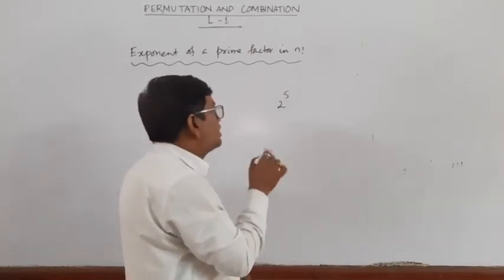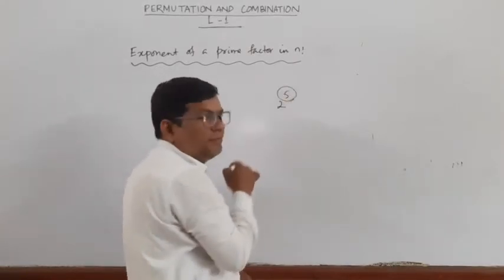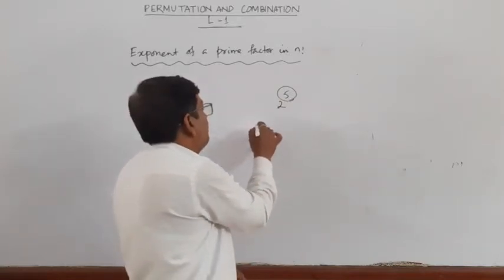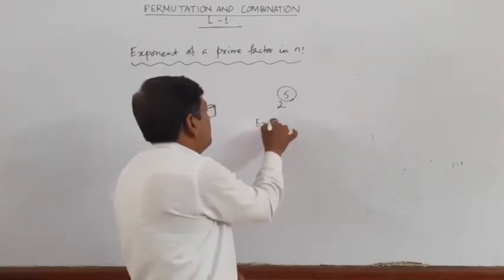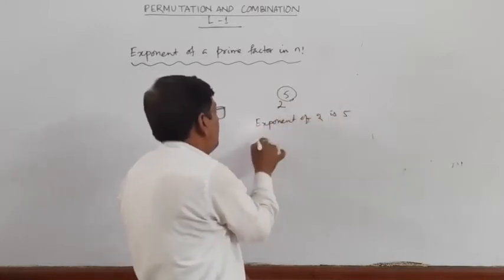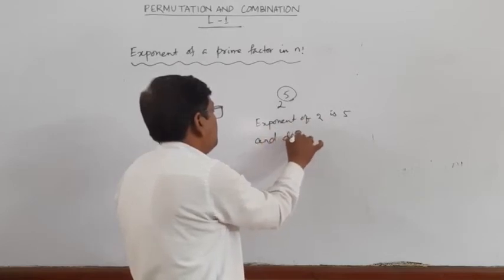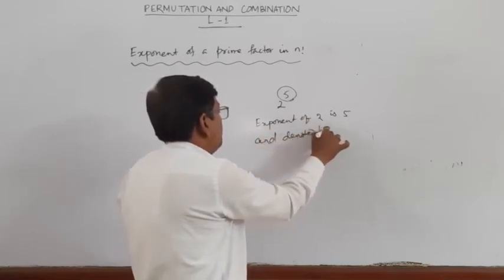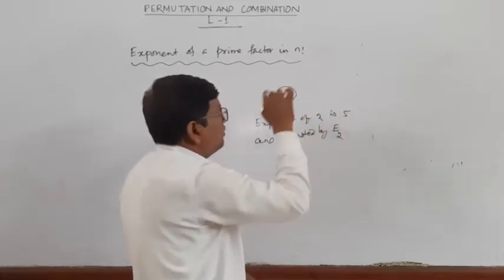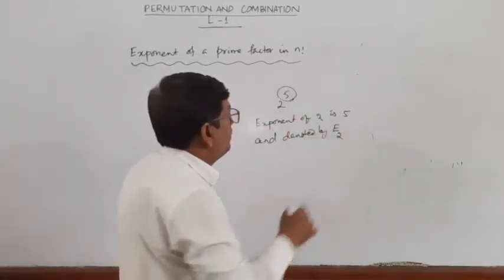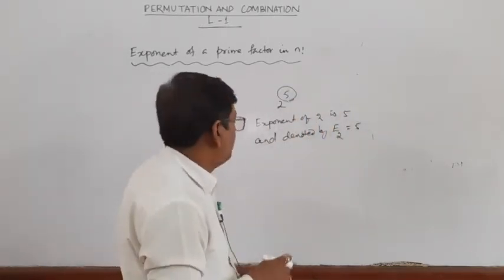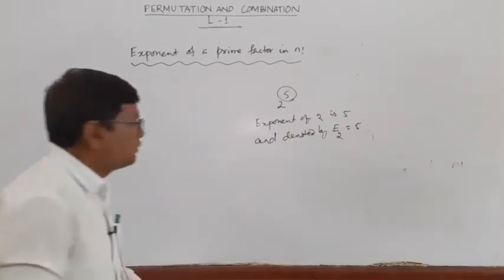So we can say the exponent of 2 is 5, denoted by E2 = 5. This is the symbol used for exponent.